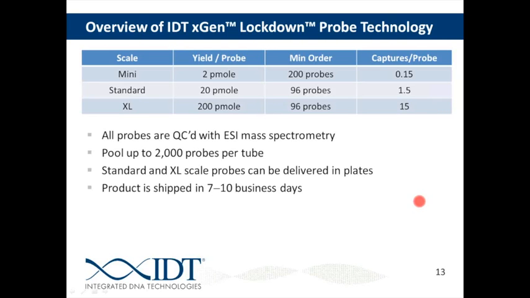And then the number of captures that you receive increases as you increase the number of probes you purchase. So for the mini scale, that's equivalent to 0.15 captures per probe. And for the standard, it's 1.5 and 15 for the XL. So as you increase the scale, you can increase the number of captures by either purchasing more probes or increasing the scale of the probe that is synthesized.